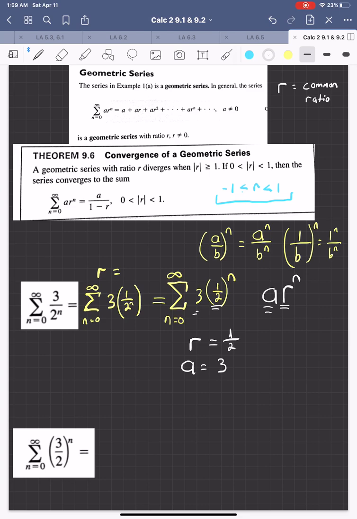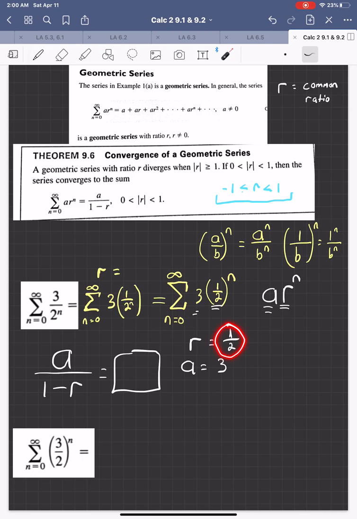Now, to not jump right to this formula, a divided by 1 minus r, don't jump there yet, because you have to make sure that r, the common ratio, is between -1 and +1. Well, it is for this case.